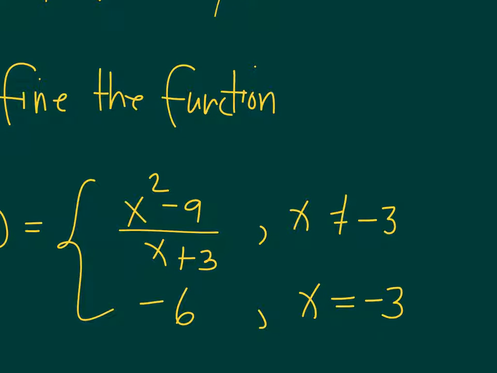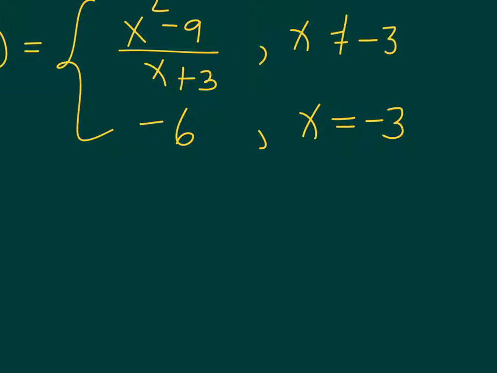That's how you redefine. You just add the limit value, negative 6, at that number x equals negative 3. In terms of the graph, remember there's a hole. So that negative 6 at x equals negative 3 will fill the gap.